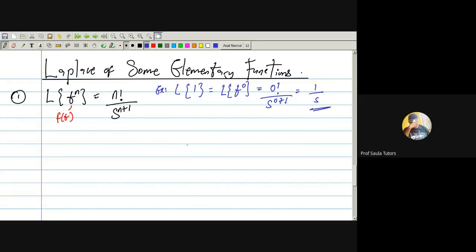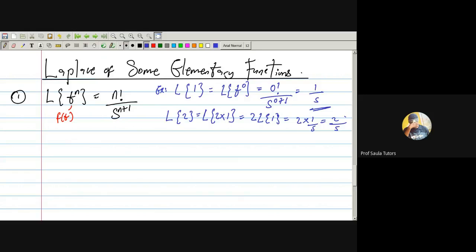So let me ask you something. If I ask you, what's the Laplace transform of 2? Don't just trouble yourself. This is the same thing as the Laplace transform of 2 times 1. And I can bring this 2 out. It will give me 2 times the Laplace transform of 1. And what is the Laplace transform of 1? 1 over s. So I have 2 times 1 over s, and that's 2 over s.